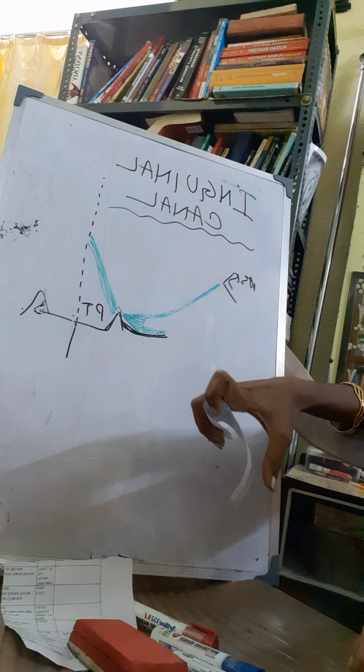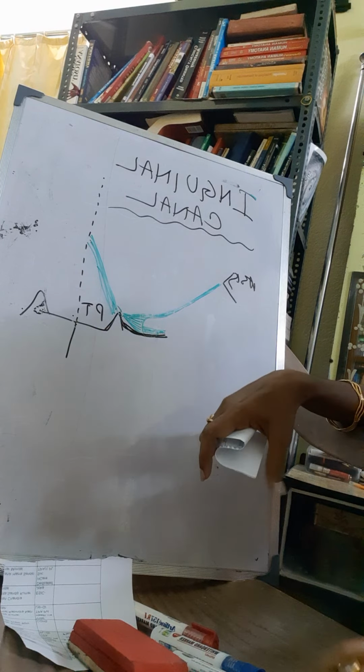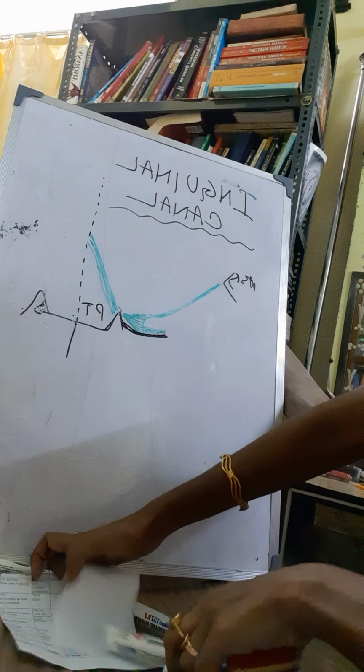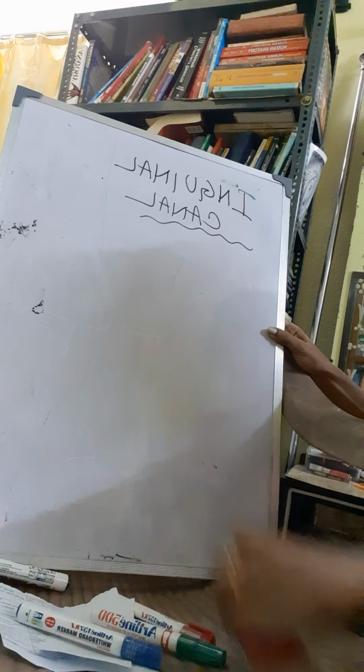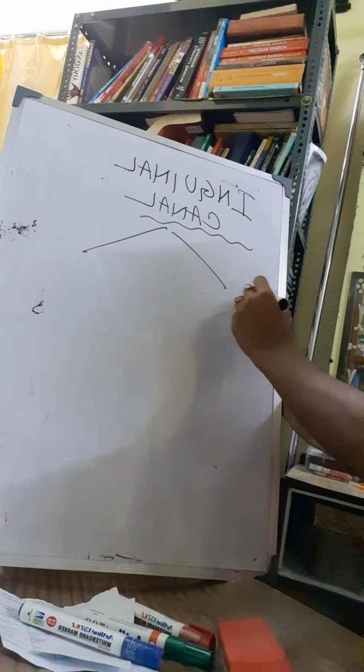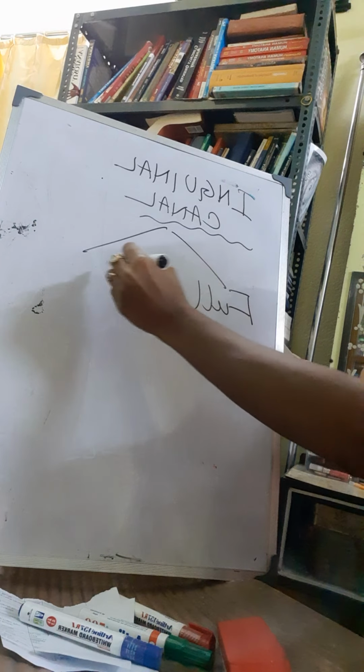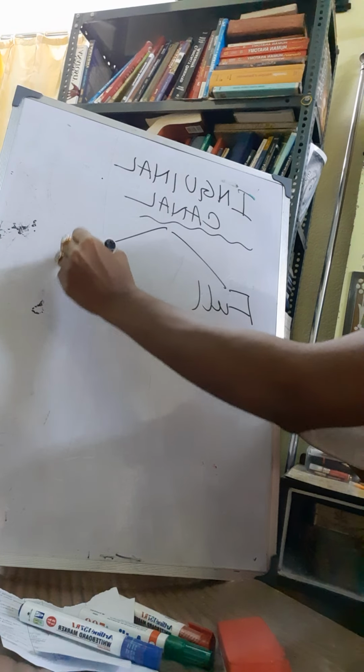Now the contents of the inguinal canal. If we consider the contents of the inguinal canal, then we can divide them into two parts. Number one, full content, and number two, partial content.